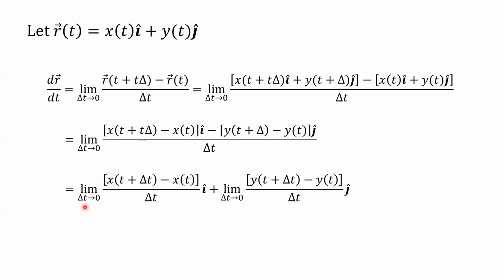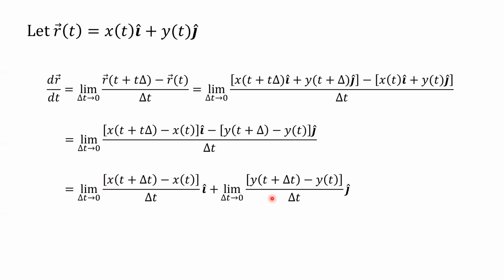So this is the limit of one quantity involving only x and i hat. Here's the limit of another quantity involving only the y-coordinate and j hat. Well, let's look carefully at this quantity. What is the limit as delta t goes to 0 of change in x over change in time? We've already looked at that. That is the definition of dx/dt. That's the time derivative of the x-coordinate.